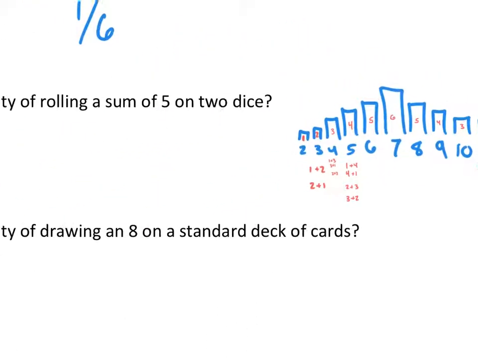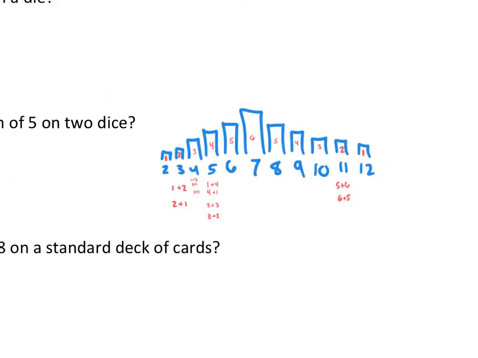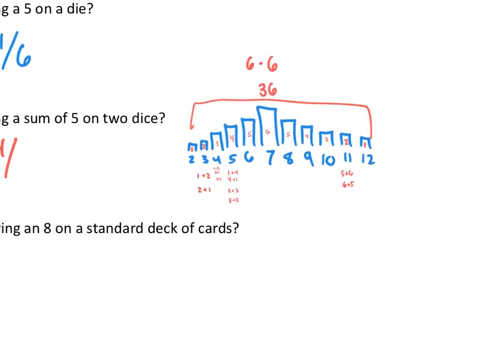So for us, what's the probability of rolling a sum of 5 on 2 dice? Well, there's 4 ways of doing that, and if you add all of these numbers up, it ends up being 36. Now that's not a coincidence. That's because there's 6 sides on each dice. 6 times 6 is 36.